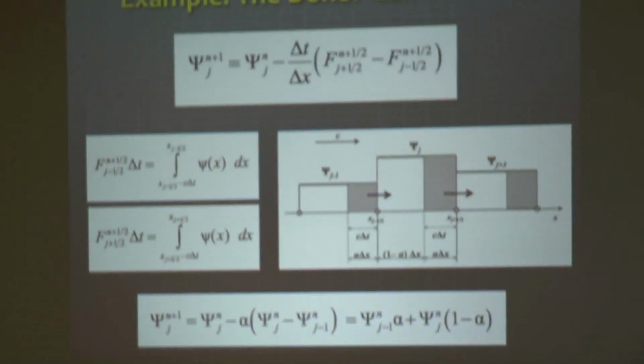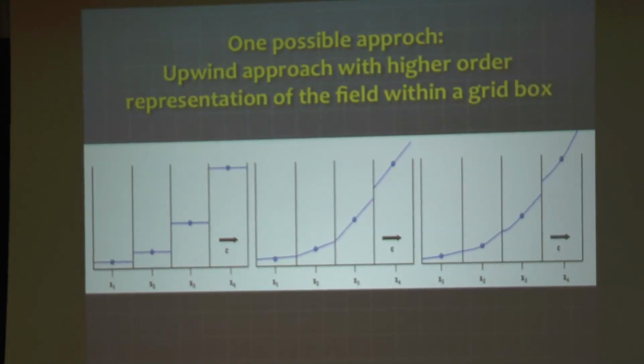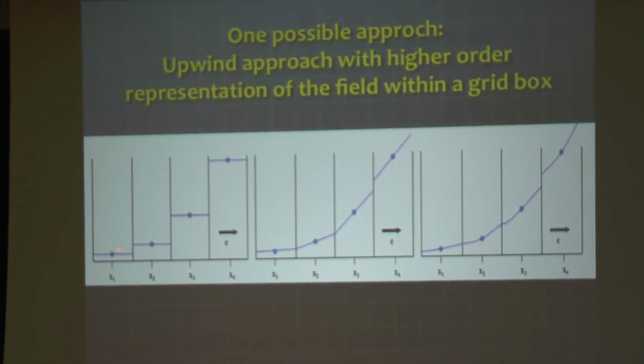So basically what people try to do, maybe I should go here, you see the different cells here, delta x, so 1, 2, 3 cells. Usually what we do, we take the value in the cell, and we transport the value in the cell. We'll do that again, and I'll show you what it does. It's diffusive.